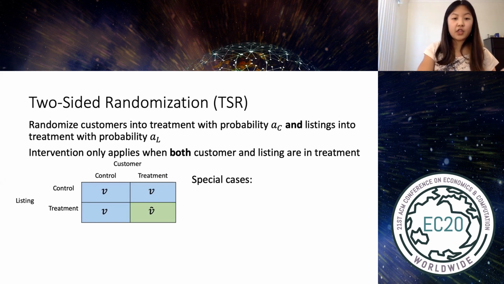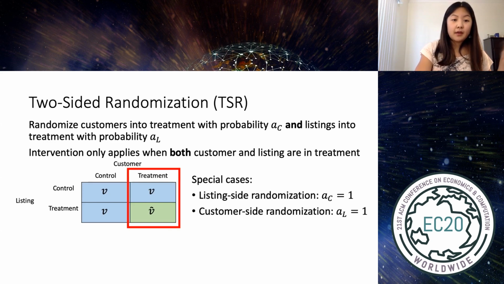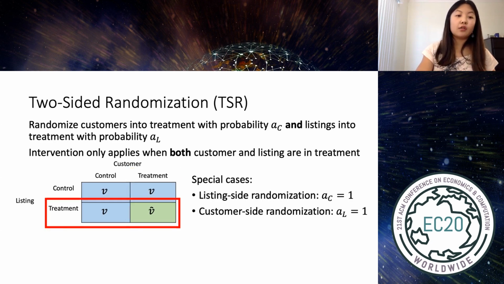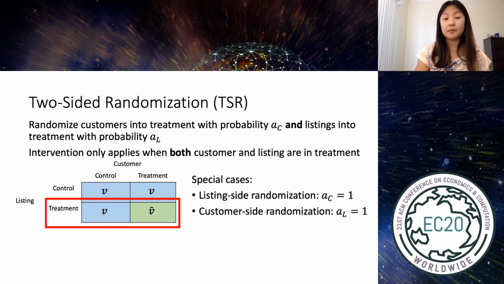And of course, this generalizes the earlier one-sided experiments that we've talked about. If we put all customers into treatment, then this becomes a listing side randomization, where we're looking at the variation in listing control and treatment. And if we put all listings into treatment, it becomes a customer side experiment.